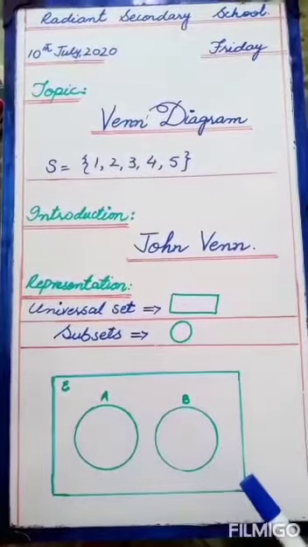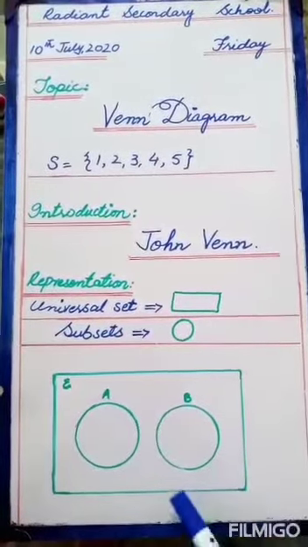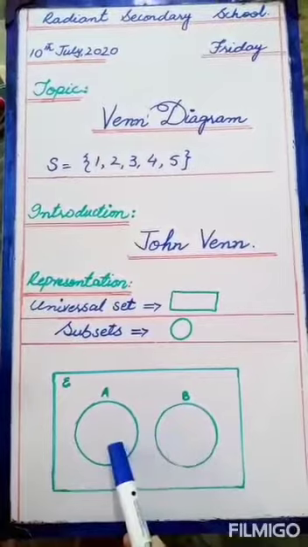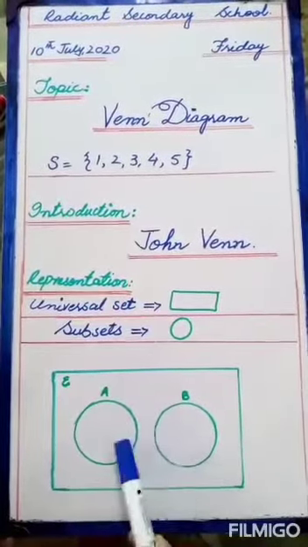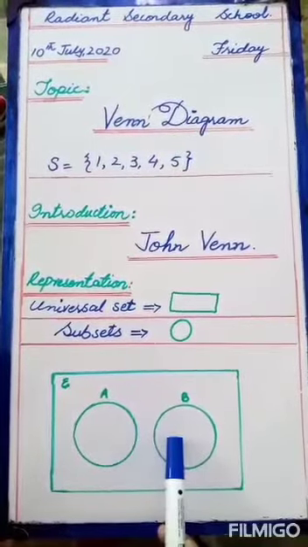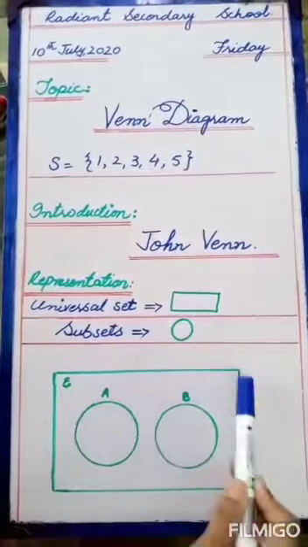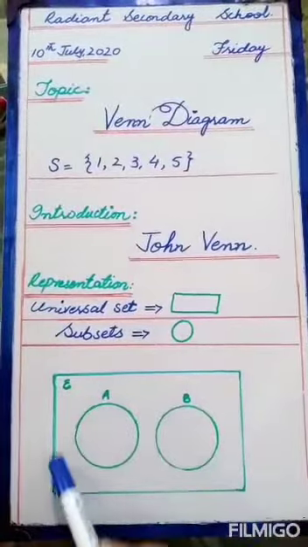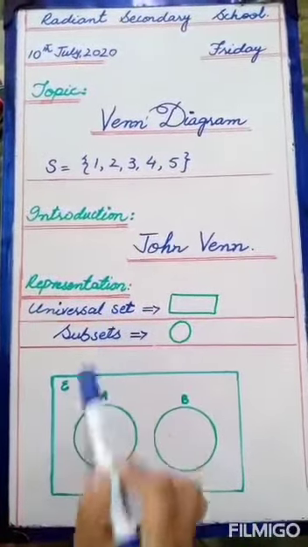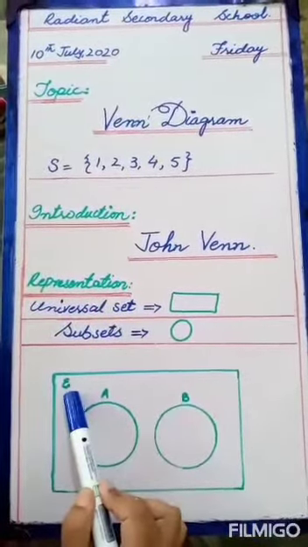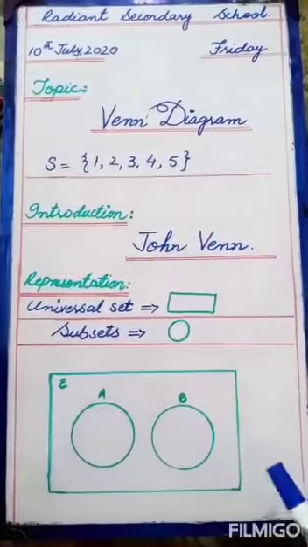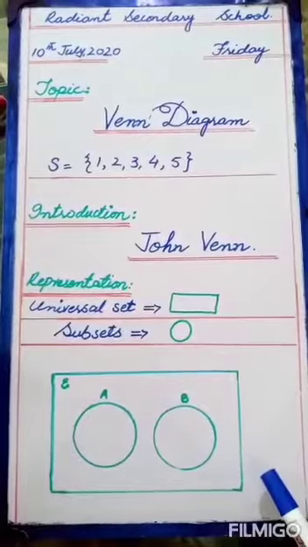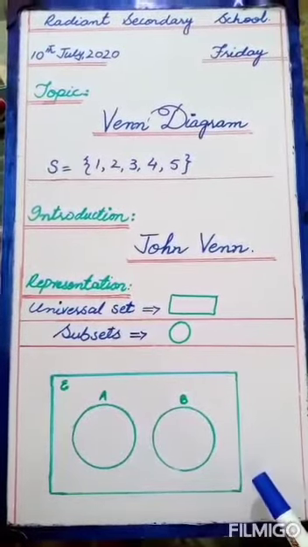As you can see in this diagram, two sets are there, set A and set B, and both are represented with circles. The rectangular box is for the universal set, and the universal set is represented with the capital alphabet E. In this way we can represent sets in a Venn diagram.